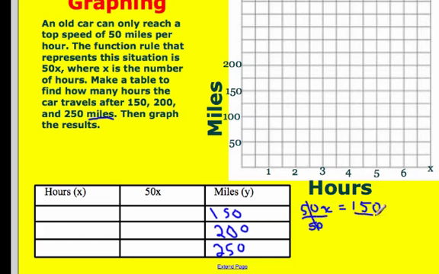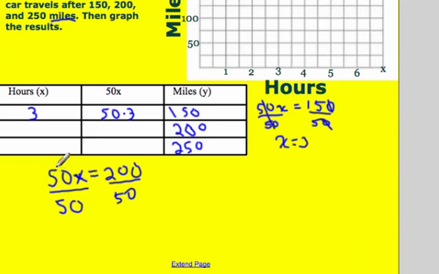Those cancel. We divide this by 50. And if you recognize this, when you divide numbers that both have zeros on the end, you can cross off those zeros, and you'd be left with 15 divided by 5. So x equals 3. And again, we can check this. If we did 50 times 3, it would equal 150. So that makes sense.